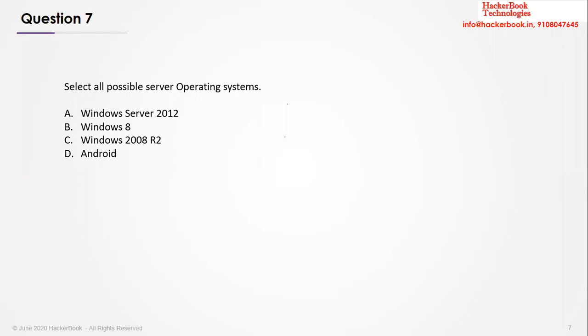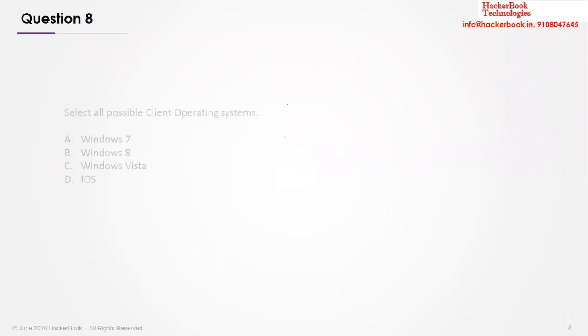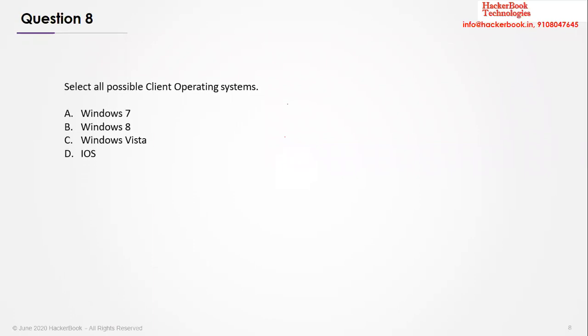Windows Server 2012, that is one of the server operating systems. Windows 8 is a client operating system. Windows 2008 R2, that is again a server operating system. All of us play games, chat, browse on Android mobile. So definitely Android is a client operating system. So the correct answers for server are A and C. Next question. Select all possible client operating systems.